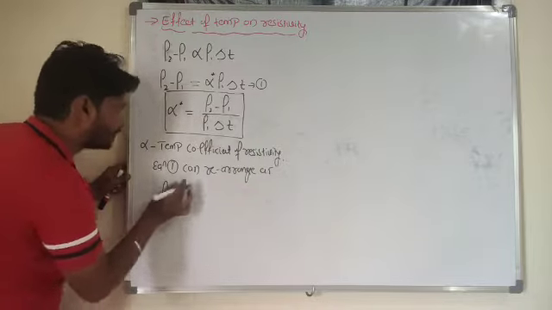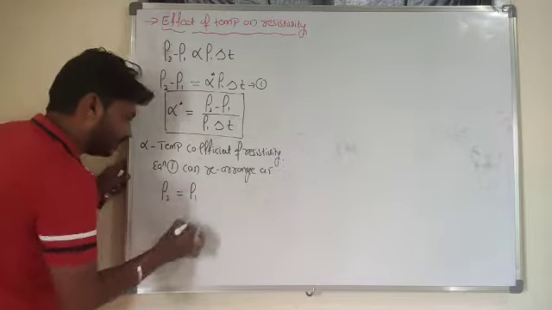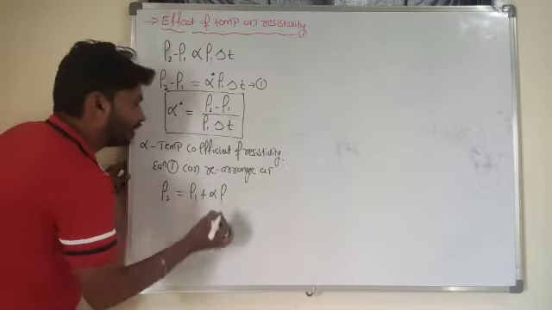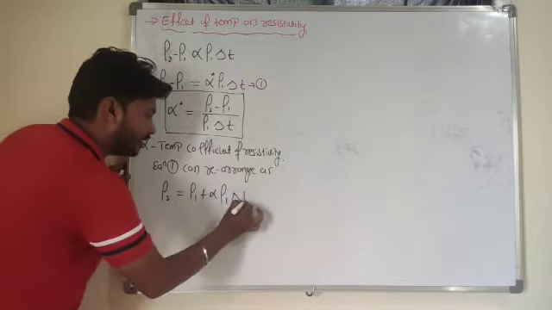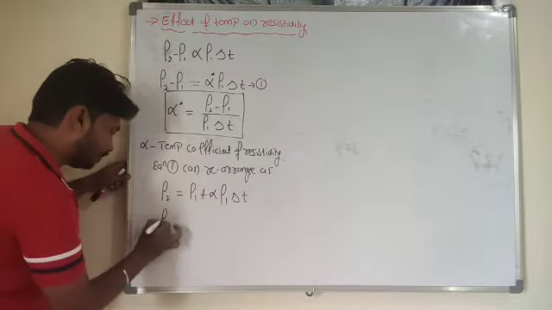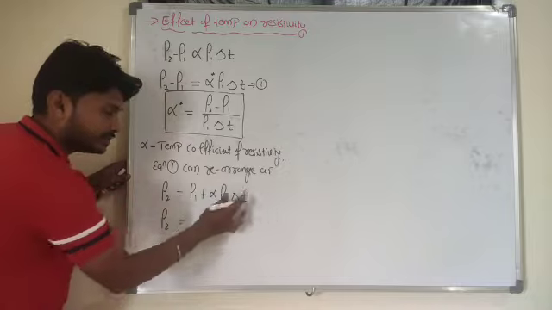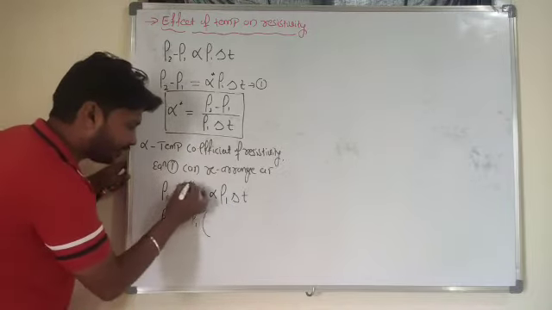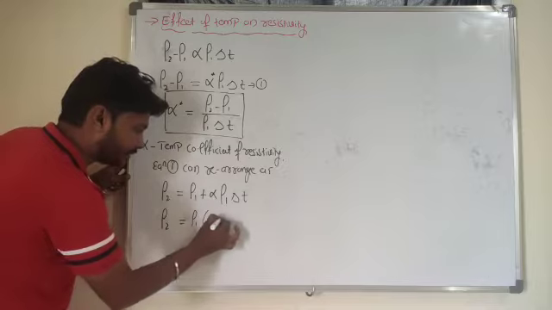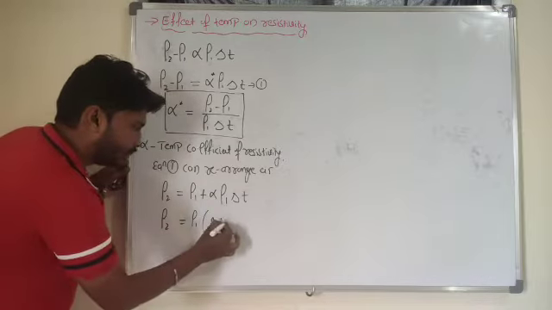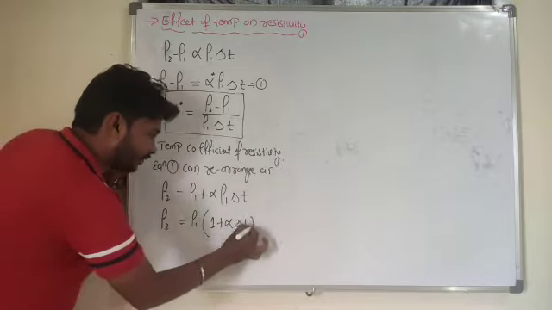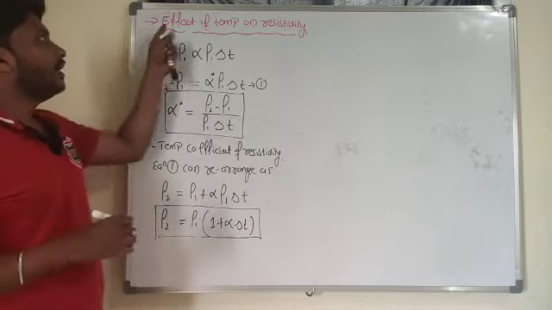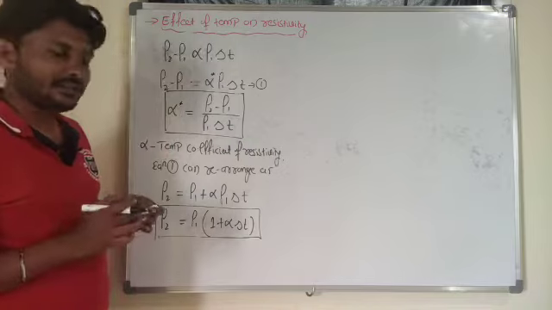So rho 2 is equal to rho 1 plus alpha into rho 1 into delta T. Taking rho 1 as a common factor, rho 2 is equal to rho 1 into 1 plus alpha delta T. So this is the expression for the effect of temperature on resistivity.